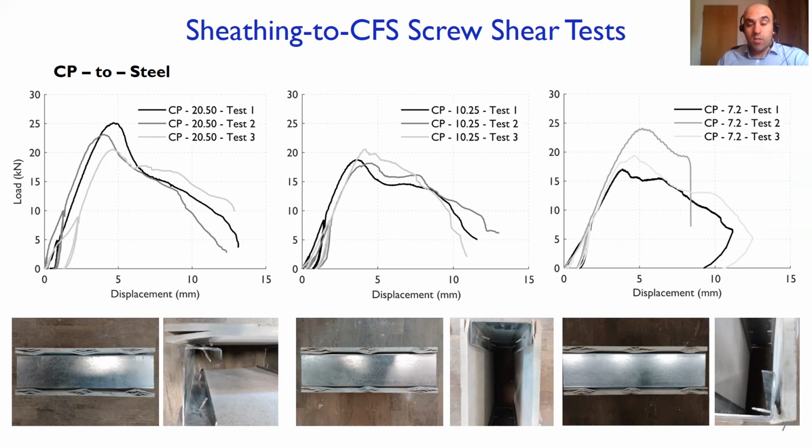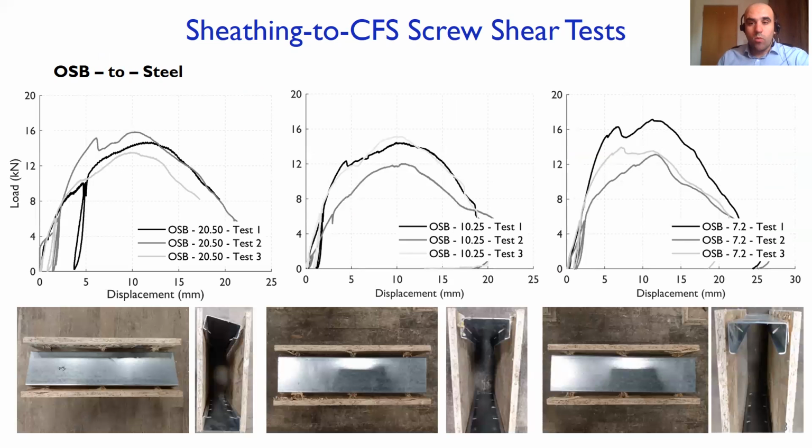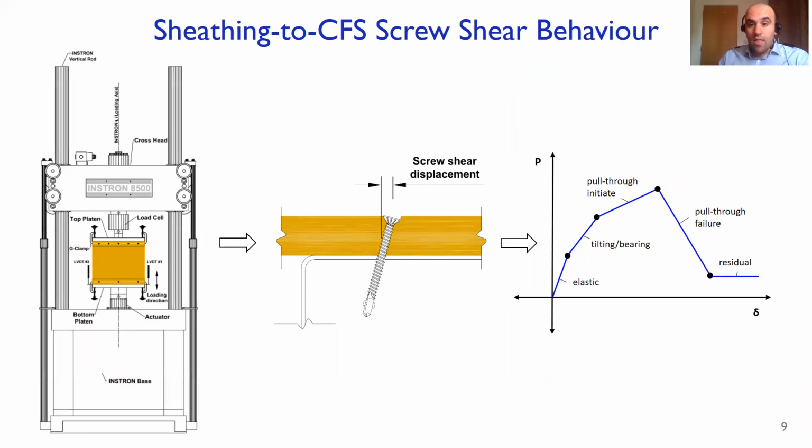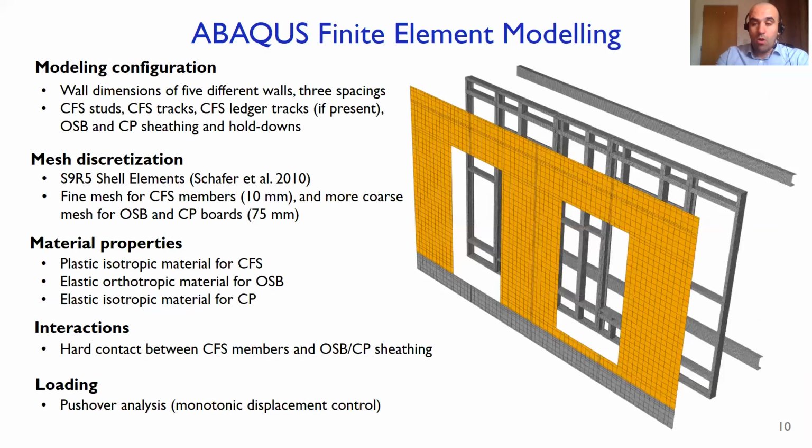We can see as well that the edge distance parameter has no influence on the result in terms of shear force versus displacement, as the minimum allowable distance from the edge required by the code was implemented. A similar trend was observed in the OSB-based specimens, and this result helped us in characterizing the shear behavior of this connection assembly to be implemented in FEA models.